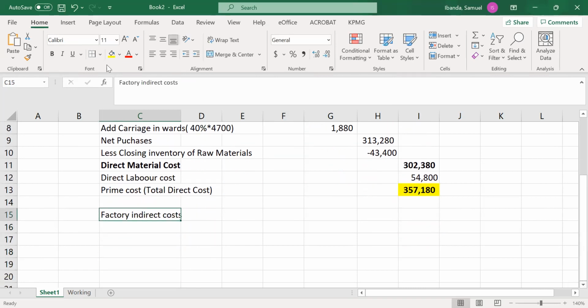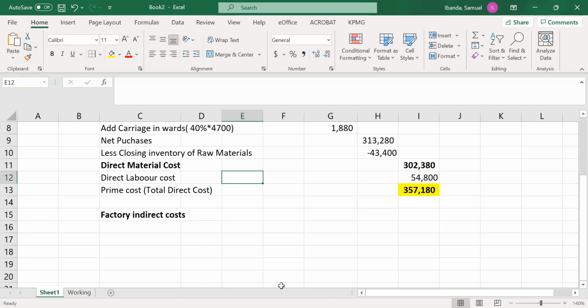The factory indirect costs are other costs that relate to the factory other than the direct costs. We have already written the direct costs, which included raw materials and labor. So any other cost that has the word factory on it, or from your judgment relates to the factory, should be included here.